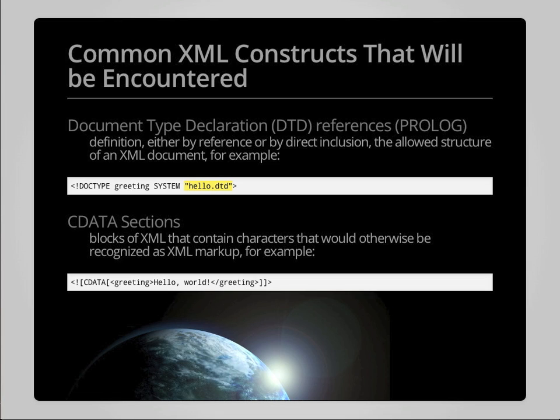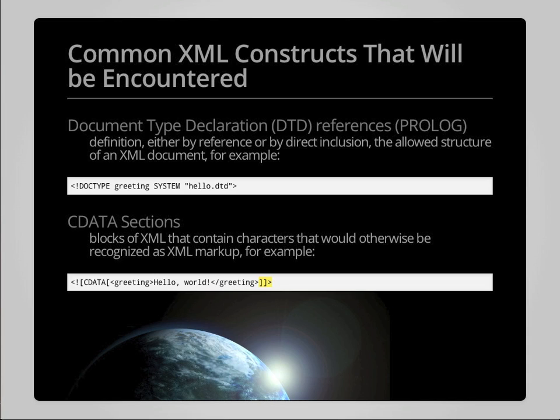The way you can separate or define that content that you want the XML to essentially ignore as far as markup or structure is concerned is to surround it within these CDATA tags here, which you see. This is the beginning of a CDATA tag. And then we have the end of that same tag over here.